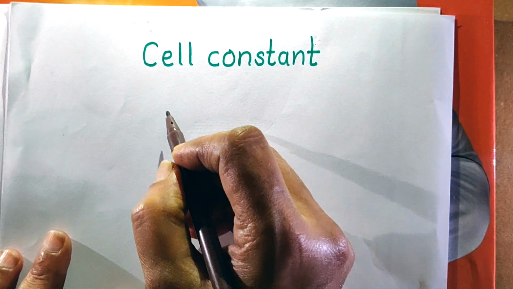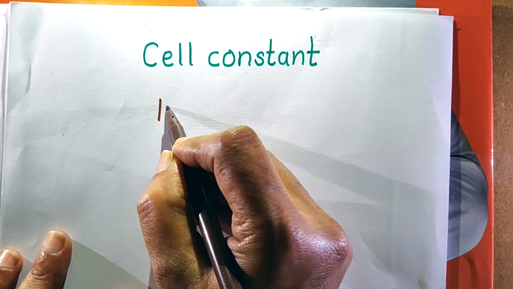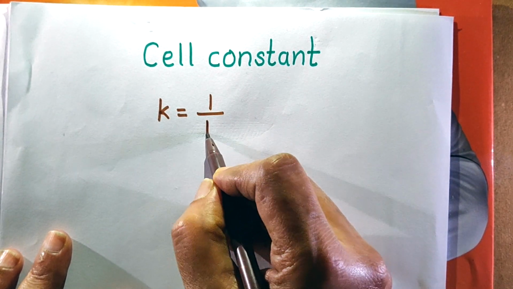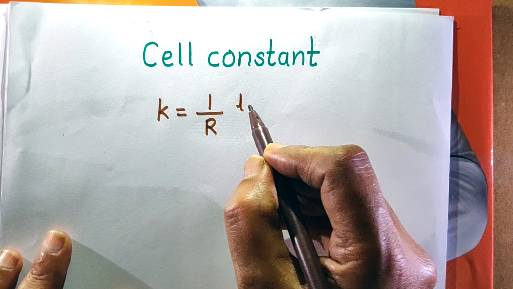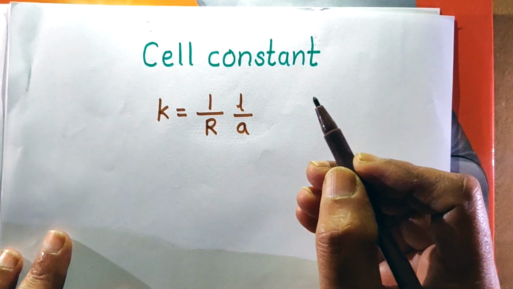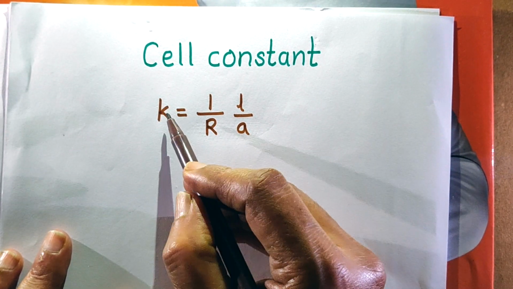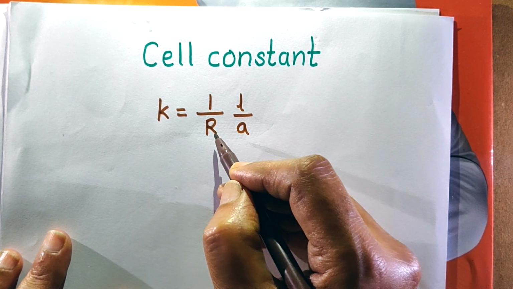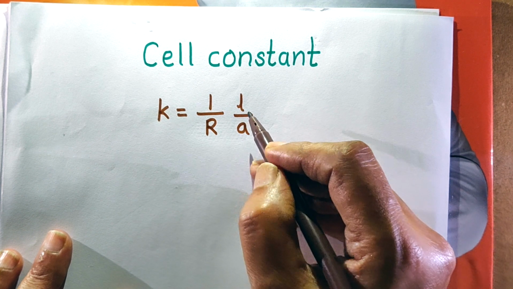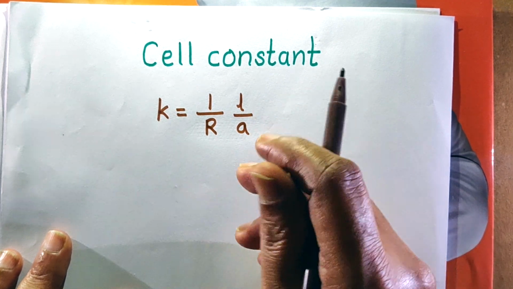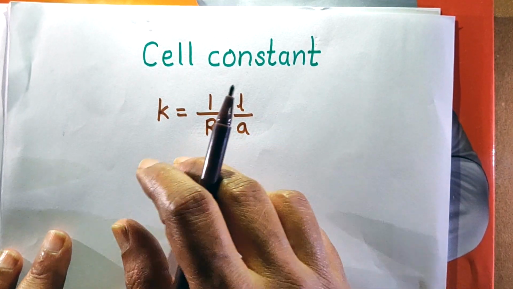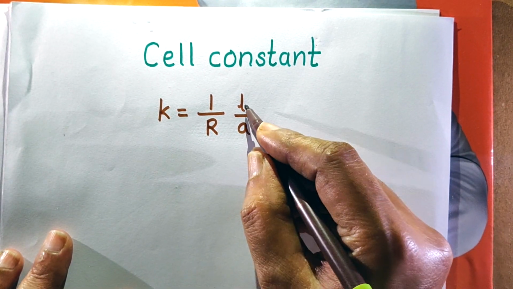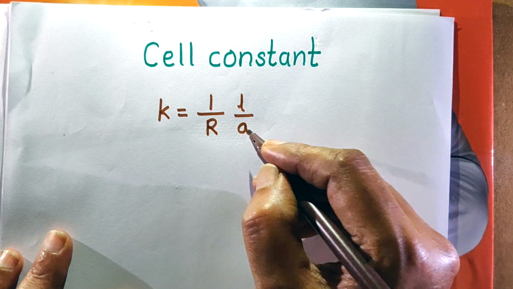For that, we know the relation, that is K, conductivity, is equal to 1 upon R into L upon A. We have studied this relation. K, that is conductivity, is equal to 1 upon R, where R is resistance, L is the distance between the two platinum plates, and A is the area of cross section of the platinum plates.